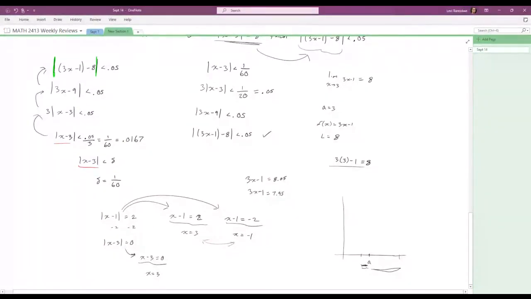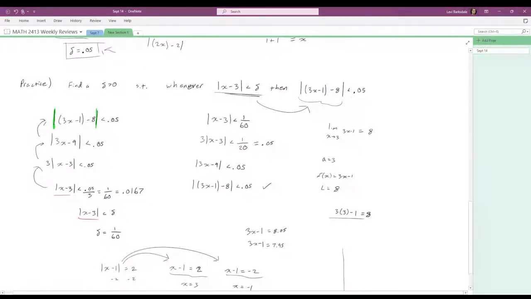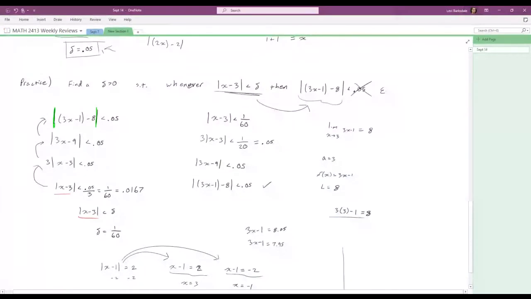Then, well, you'd have to pick the smaller one. Or also, this is actually the next question I was going to go with. What if, instead of having a 0.05 here, I just wanted you to find it for a general epsilon? So instead of giving you epsilon, I want you to find me a delta for any epsilon that I give you.